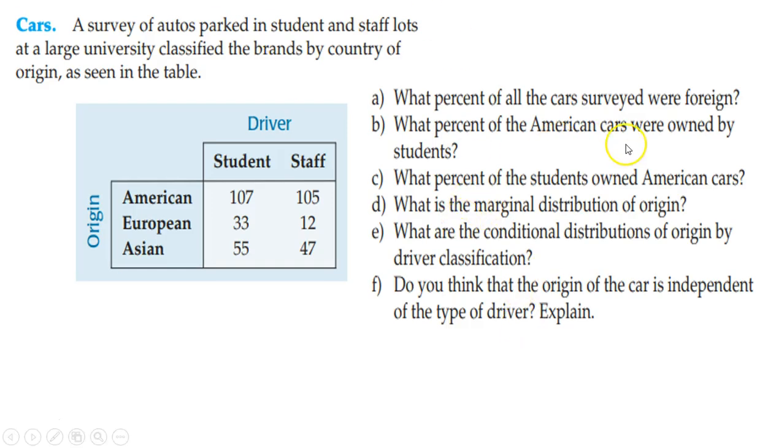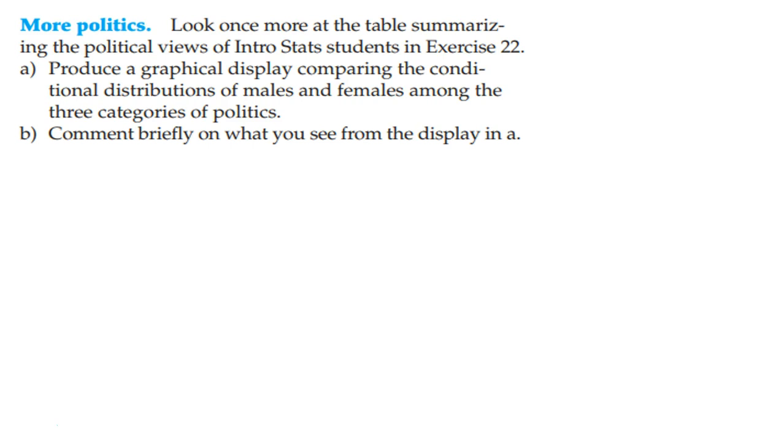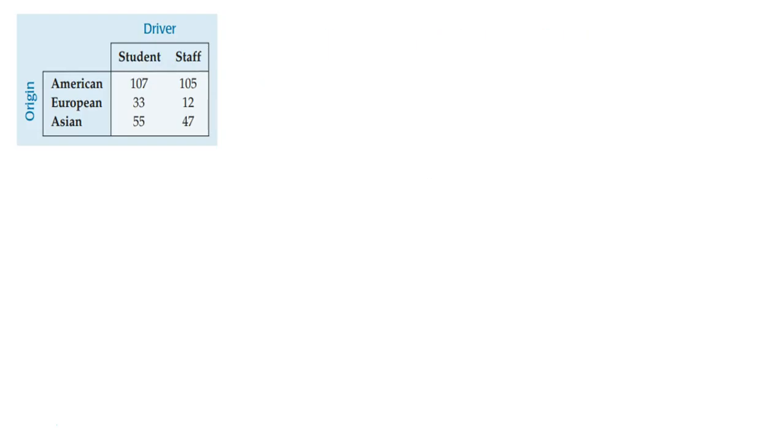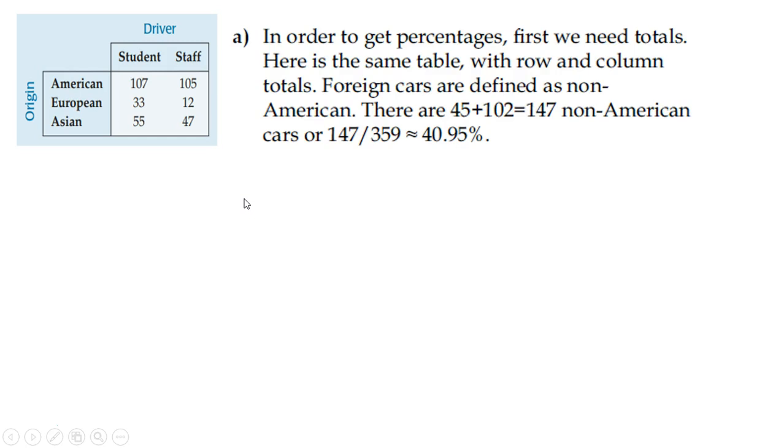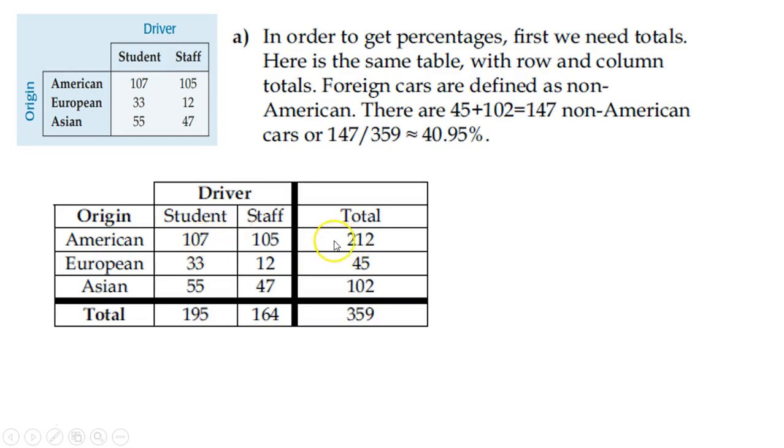I guess what percent of American cars were owned by students? I guess I did just move on, but either way, the point is, if I wanted to know what percent of the American cars were owned by students, I would take the 107 divided by that.